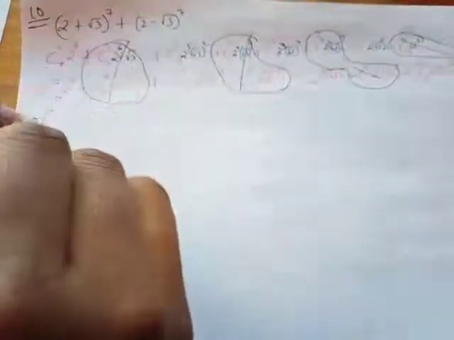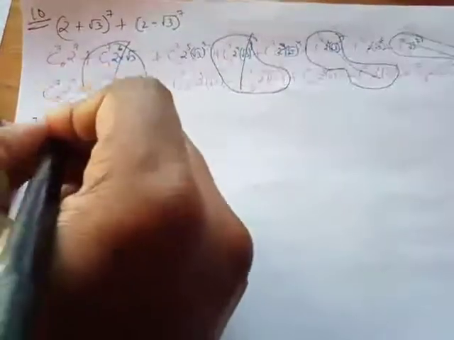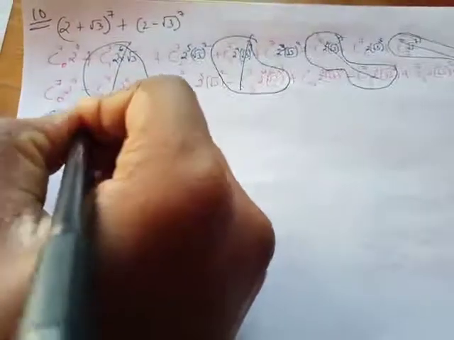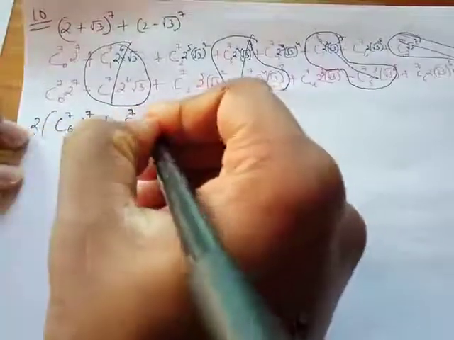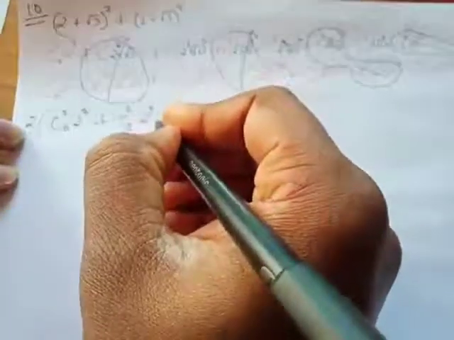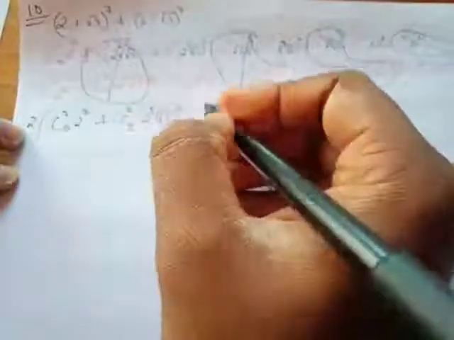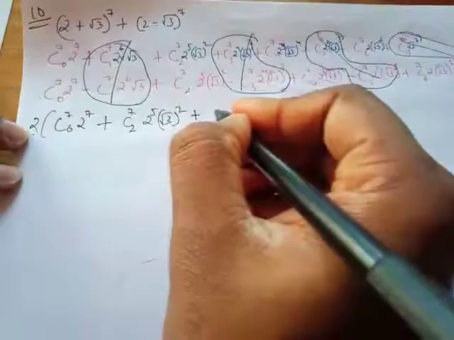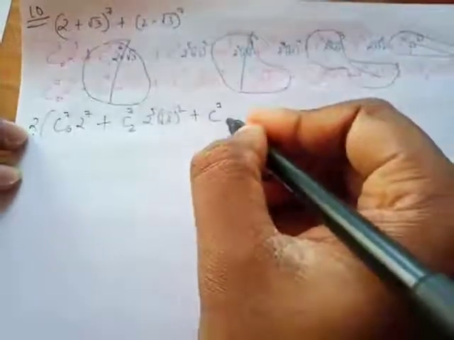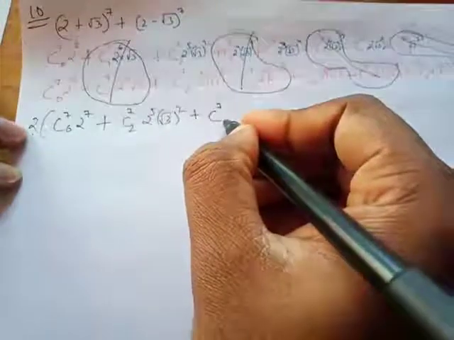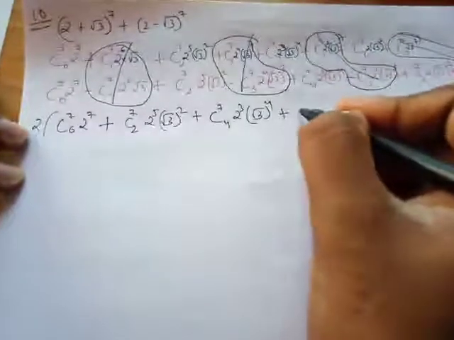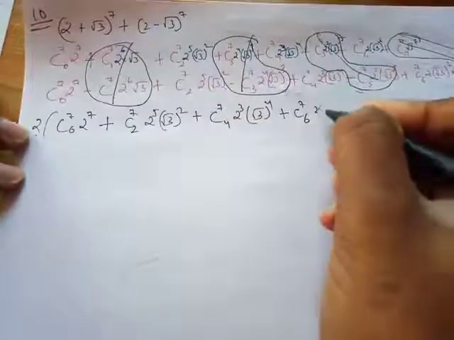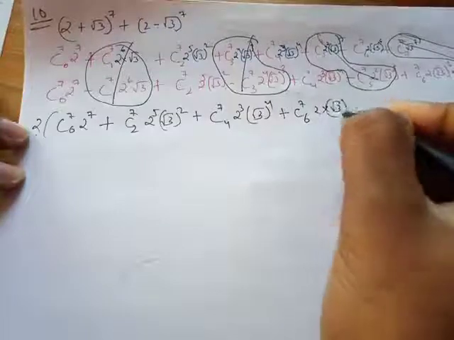So 2 I'm writing outside the bracket. So 2 C to the power 7 0 2 to the power 7 plus C to the power 7 2 2 to the power 5 and root 3 to the power 2. Okay, and then plus C to the power 7 4 and 2 to the power 3 and root 3 to the power 4 plus C to the power 7 6 2 into root 3 to the power 6.